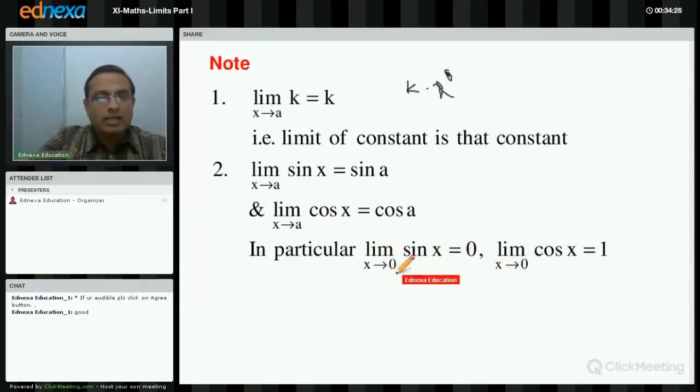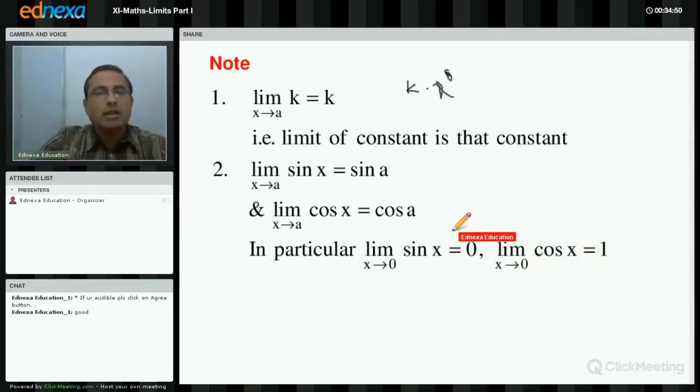Limit of sin x as x tends to pi by 2 is sin pi by 2, which is 1. Limit of cos x as x tends to 0 is cos 0, which is 1. Limit of cos x as x tends to pi by 2 is cos pi by 2, which is 0.